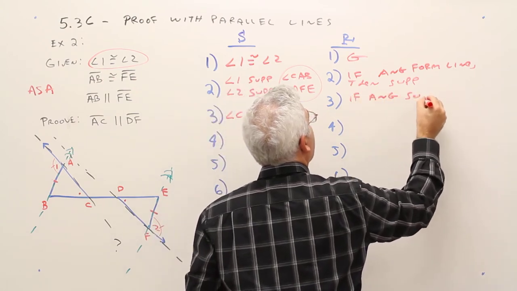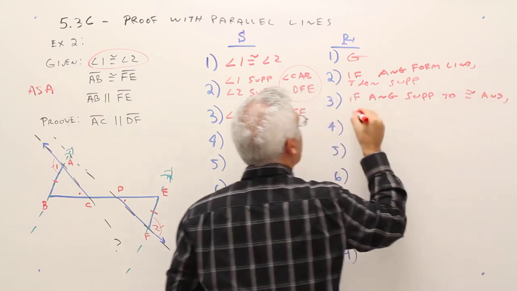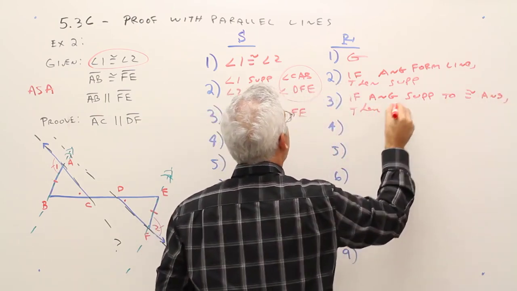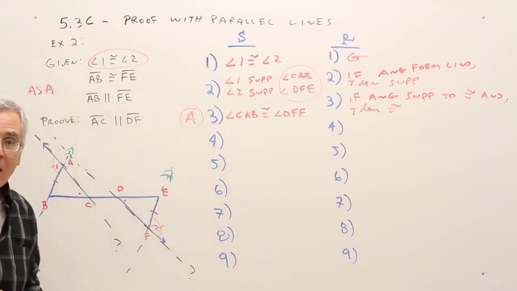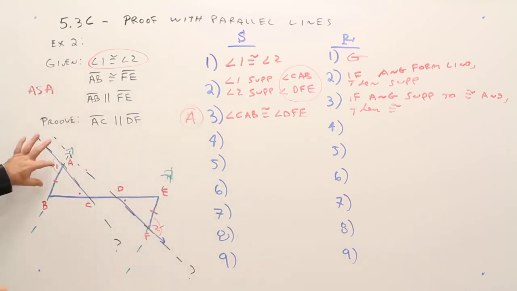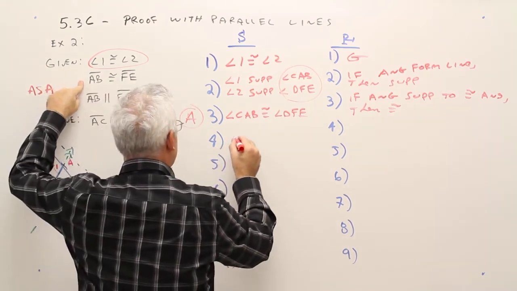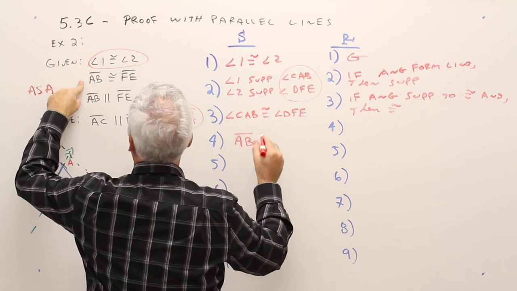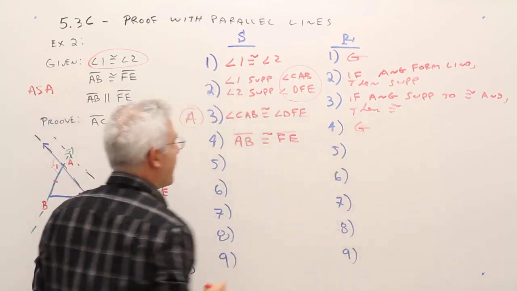And that is the A in ASA. Okay, then I'm going to just list the sides. They gave me that right there. AB is congruent to FE. That was given.